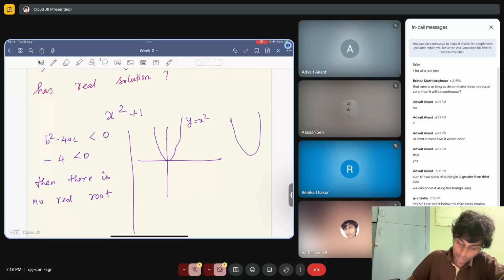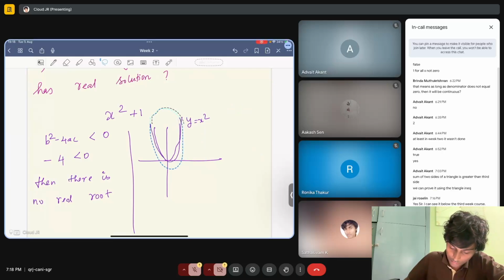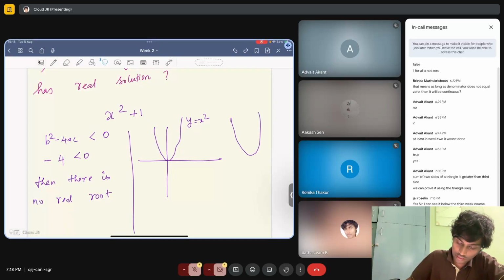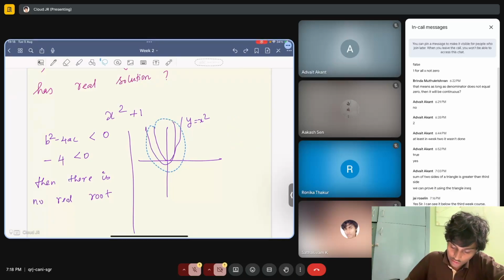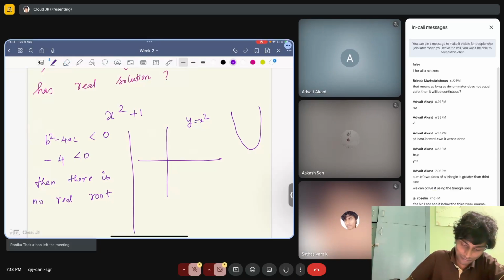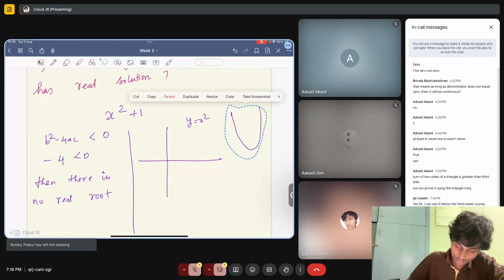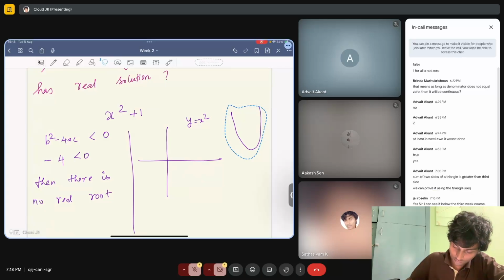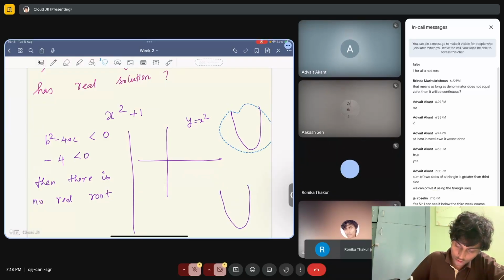So this is my parabola. When you are adding the 1 to it, what you are basically doing is taking it and moving it up. Maybe I'll erase this and do it properly.